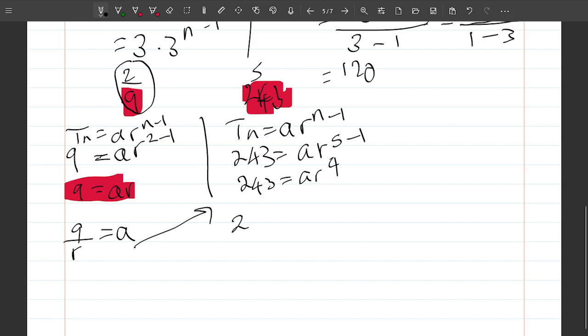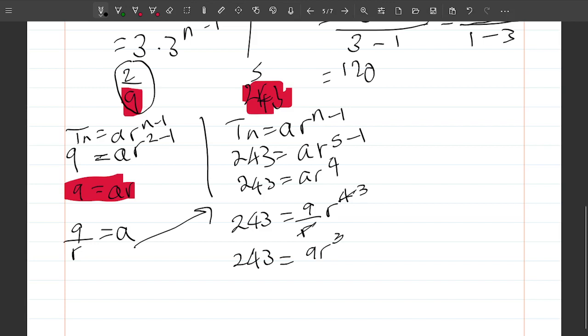So I'm going to have 243 equal to, instead of a, 9 over r, multiplied by r to the fourth. I'm going to simplify this and then solve for r. So 243 is equal to 9, and then these cancel, and I have an r cubed left. So actually I have 9r cubed. This is getting cool. Then I'm going to divide both sides by 9.